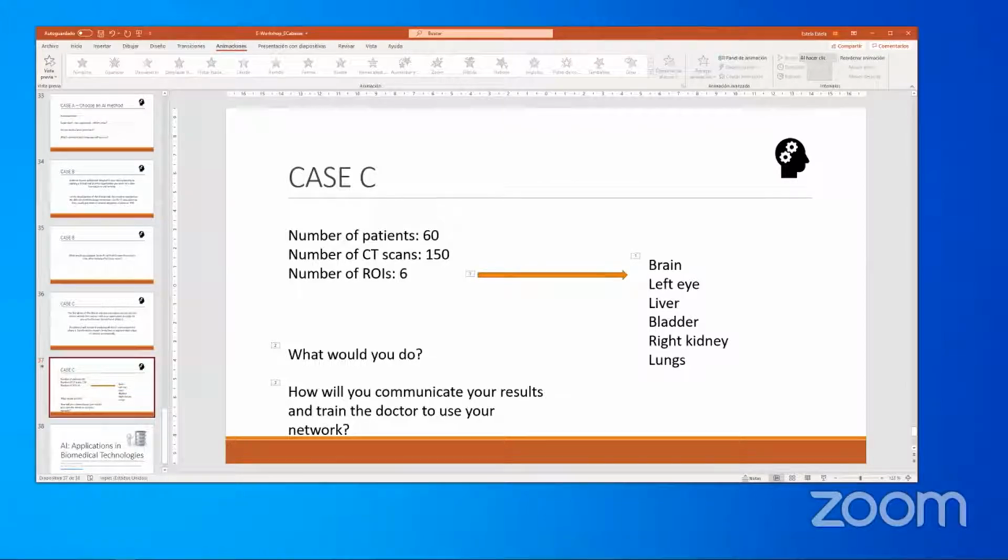So we have a brain, the left eye, a liver, the bladder, the right kidney, and the lungs. What this is telling us is that there are different anatomical regions to segment. A ROI is a region of interest. So it's the region that you want to analyze in a CT scan.